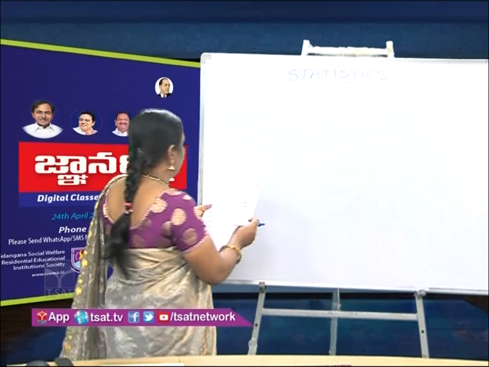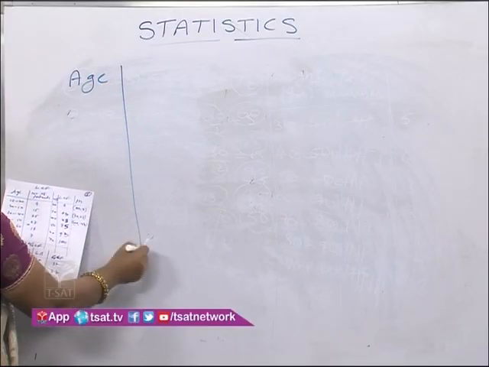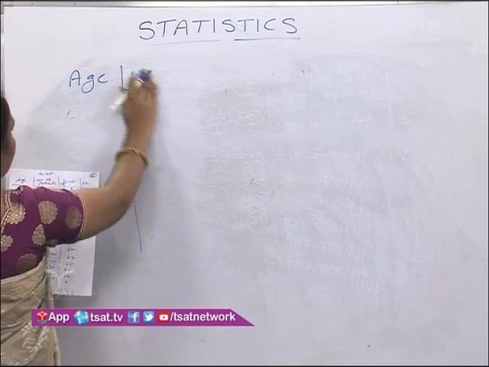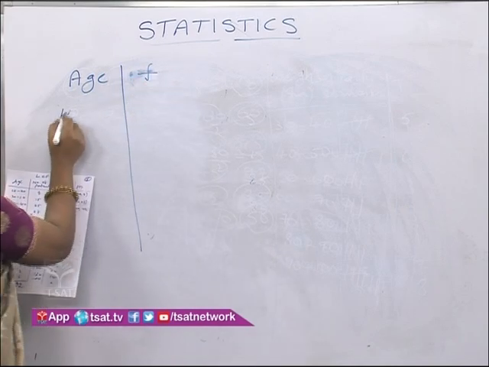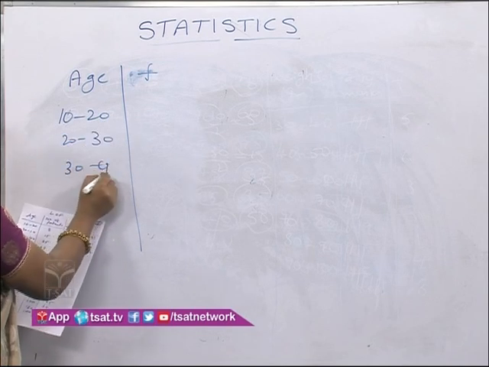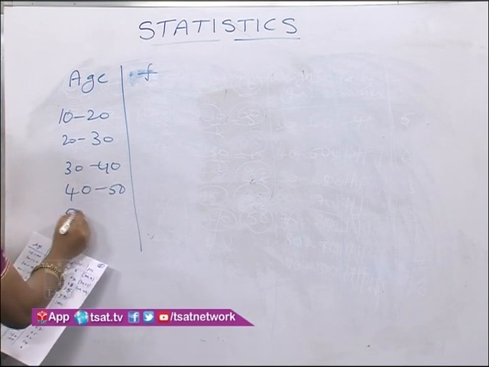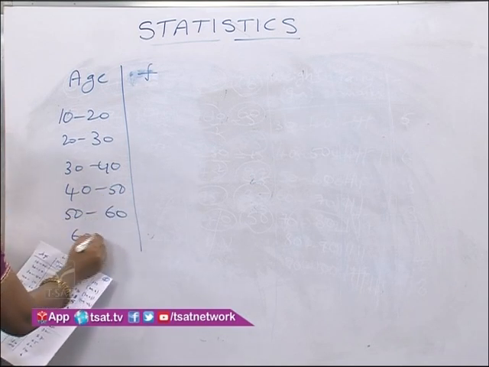For less than cumulative frequency, I have the data like this: age and number of frequency, we consider 10 to 20, 20 to 30, 30 to 40, 40 to 50, 50 to 60, 60 to 70.